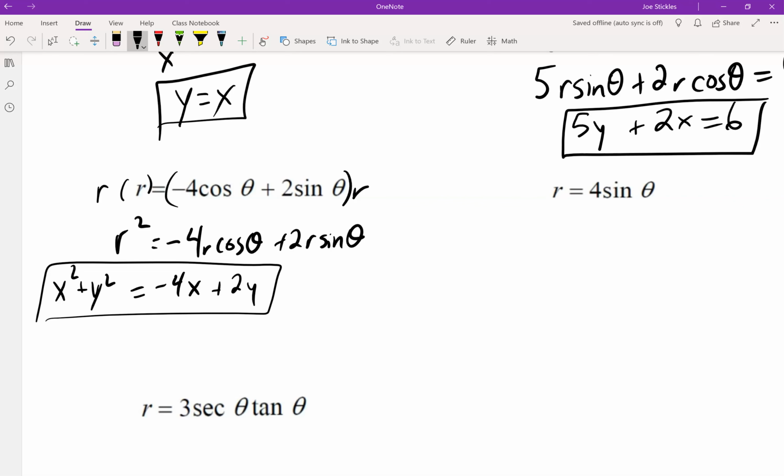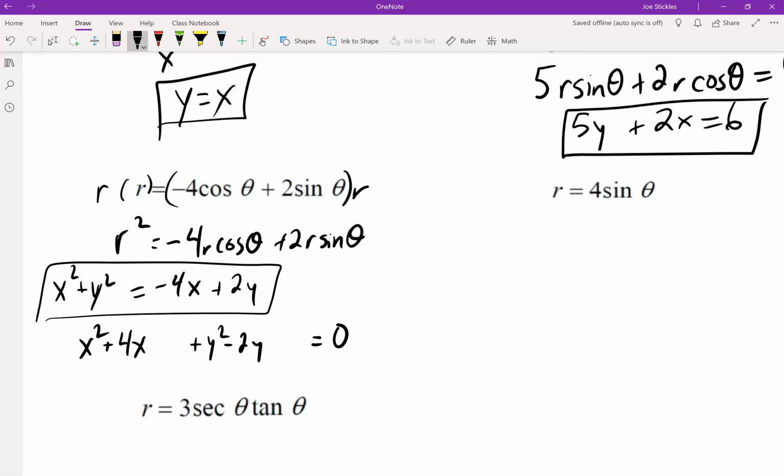Now you might recognize that as the equation of a circle. And if you remember your college algebra stuff, you probably remember how to do completing the square. I don't expect you to do this part, but I just want to show how we really do see that this is a circle. Move everything to the left. So I need to add 4x and subtract 2y.